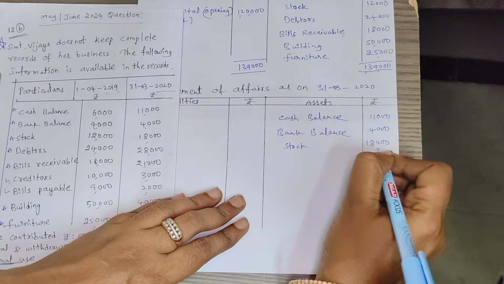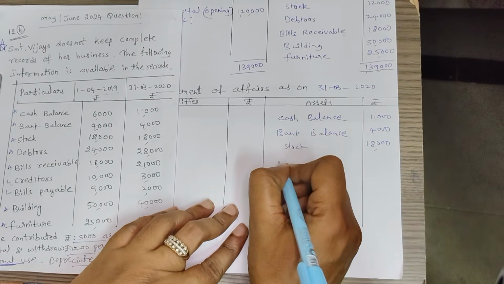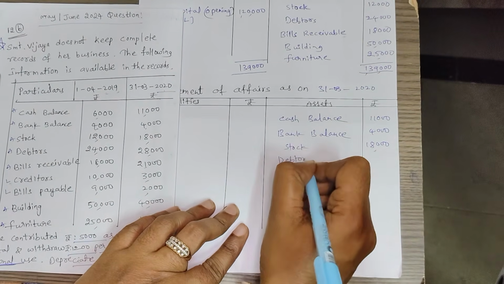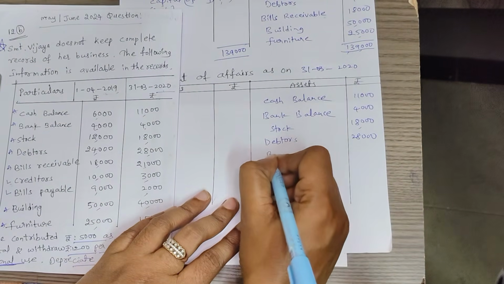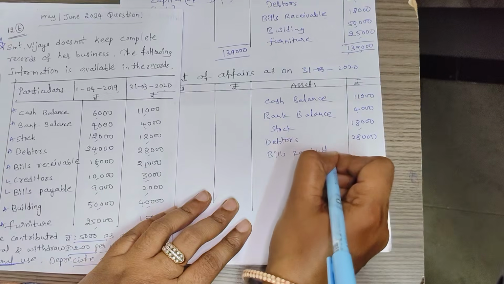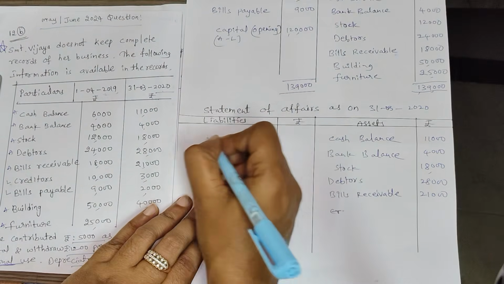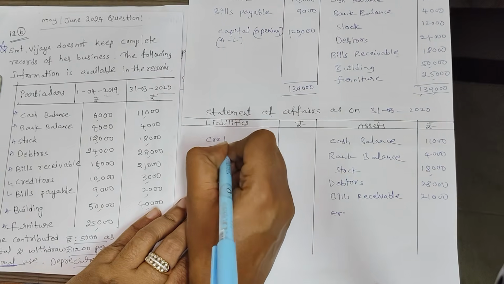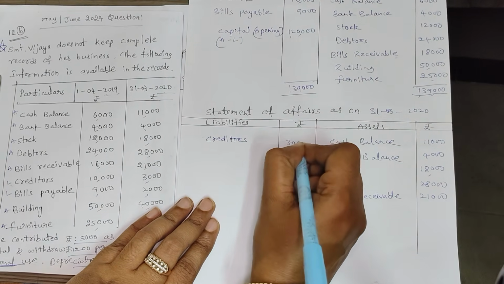18,000. And next debtors 28,000. Bills receivable 21,000. Next creditors. Creditors are the liabilities 3,000.